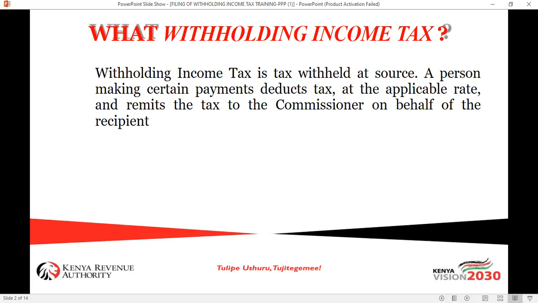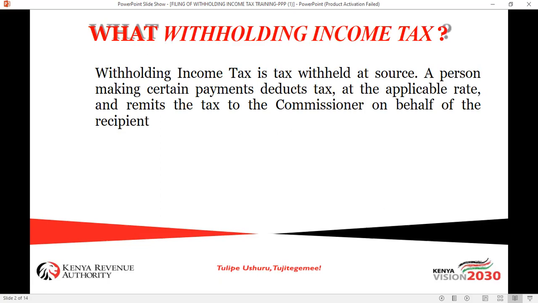Withholding income is tax withheld at source. A person making certain payment deducts tax at the applicable rate and remits the tax to the commissioner on behalf of the recipient. So we have agreed that it is tax withheld at source.